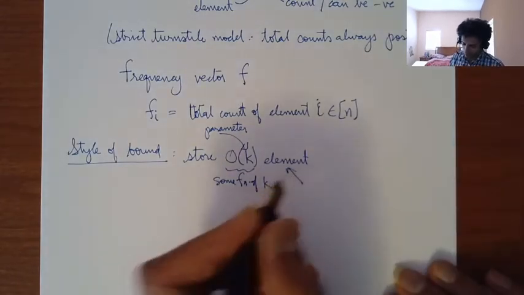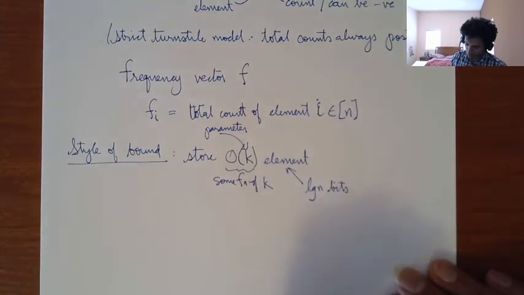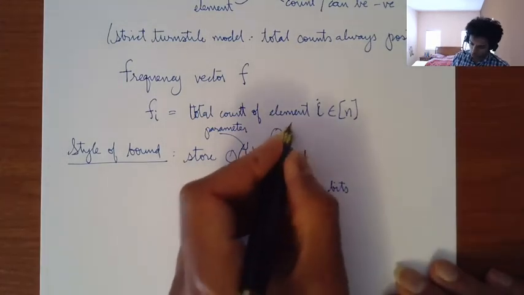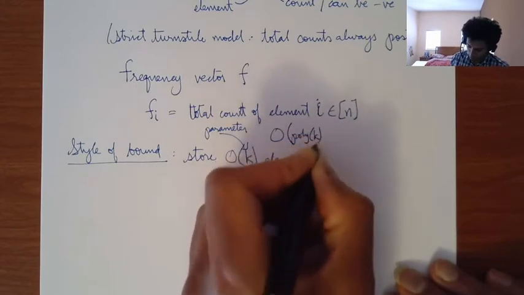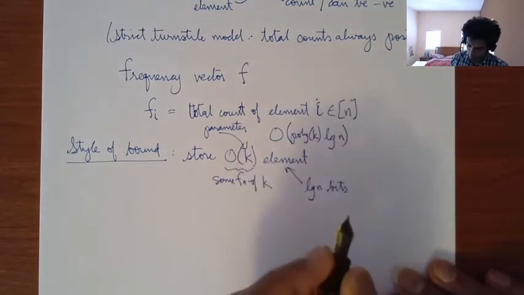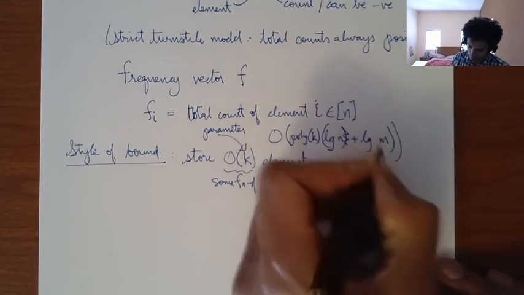Each element requires log n bits, so the storage is going to be of the form O of some polynomial in k, log n, and maybe an additional log m, where m is the stream length.